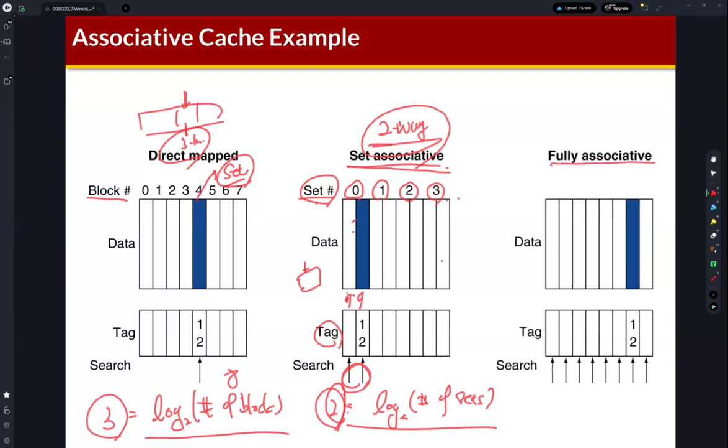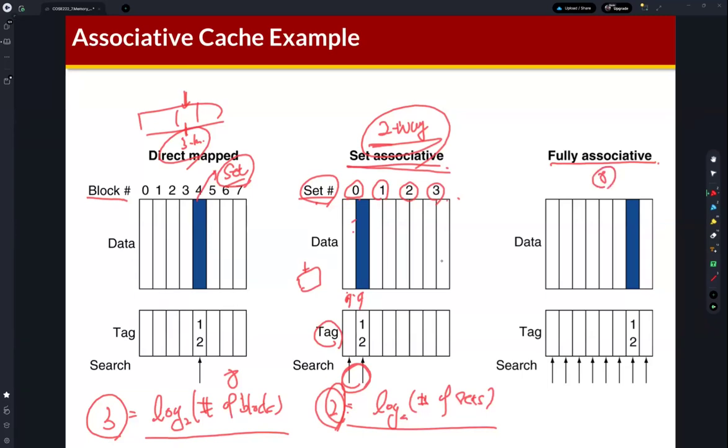And the fully associative cache: there is no index in a fully associative cache, which means newly allocated data can be placed in any block. There are 8 blocks here.